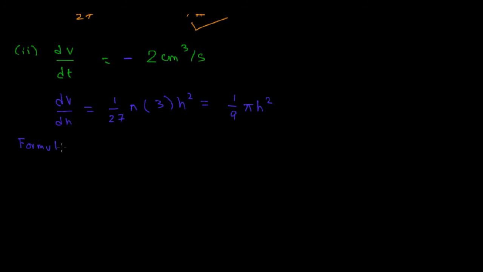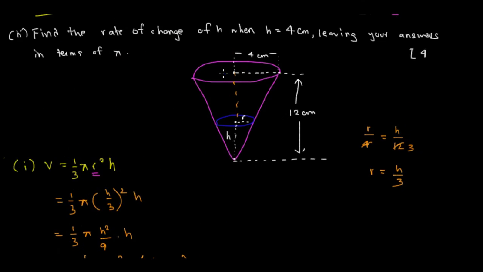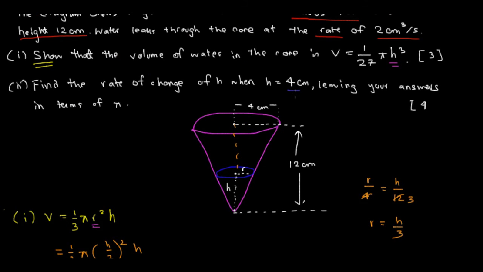We still have to find the rate of change of h. So the formula, which you should all know, which is the connected rate of change, is dV over dt is equal to dV over dh times dh over dt. See the pattern, don't confuse yourselves with that. We know that dV over dh is this formula, and it occurs when h is equal to 4.